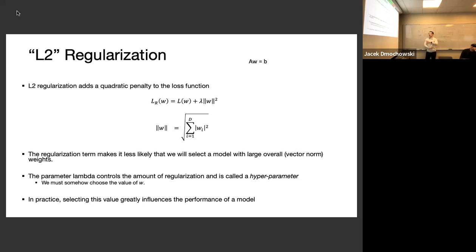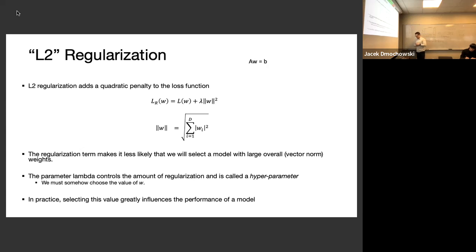The two terms on the right hand side, the L of W and the penalty term, are competing: larger W's will make this value decrease, but larger W's will make this term increase. And so that penalty term has made it more difficult for you to end up selecting a complex model.